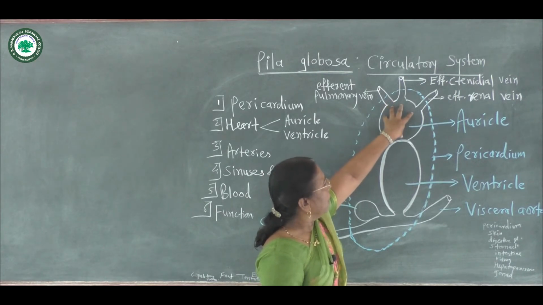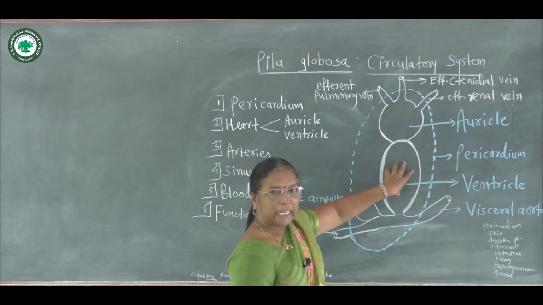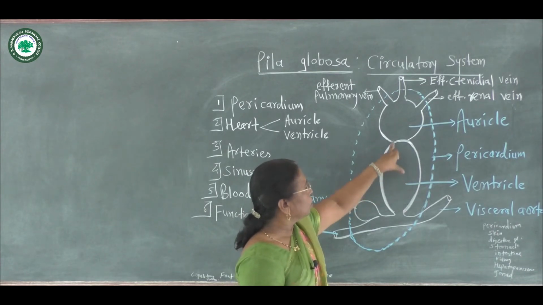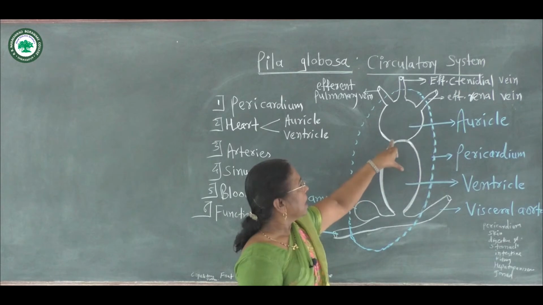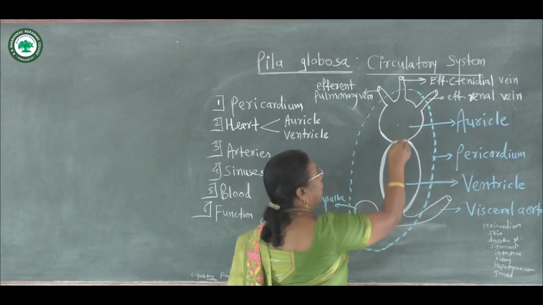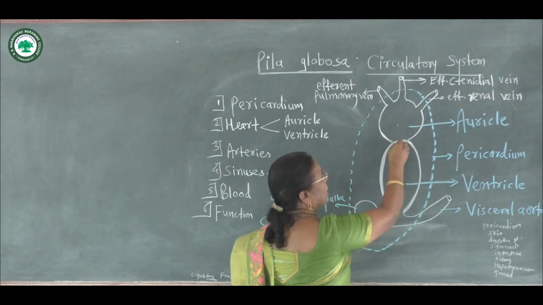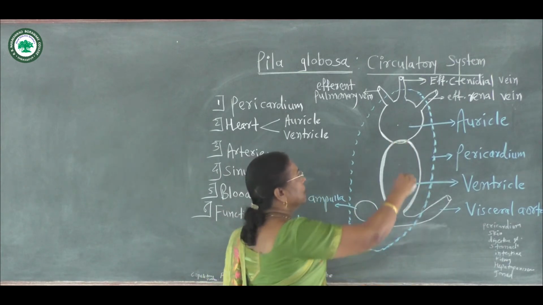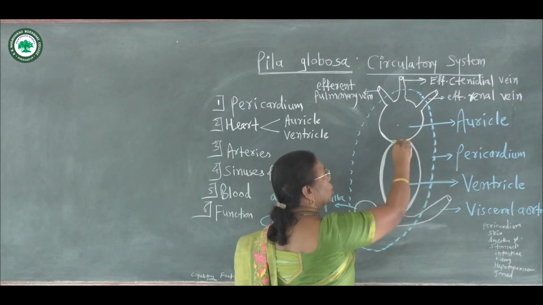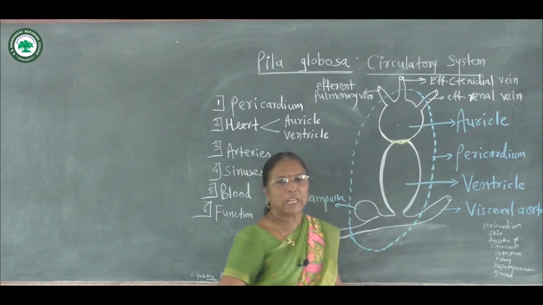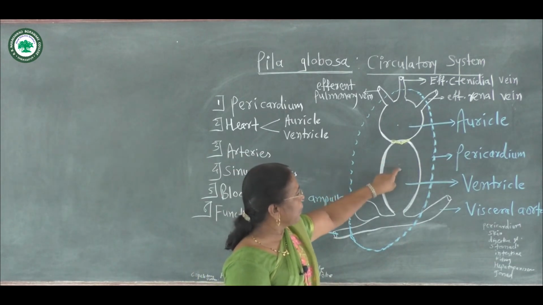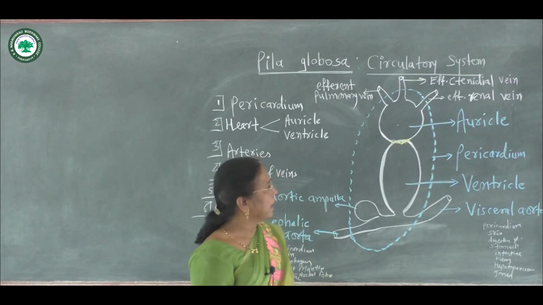This auricle ventrally gives its flow into the ventricle through an aperture. This aperture is called the auriculoventricular aperture. This auriculoventricular aperture is guarded by a pair of semilunar valves which prevent backflow of blood again from the ventricle into the auricle.